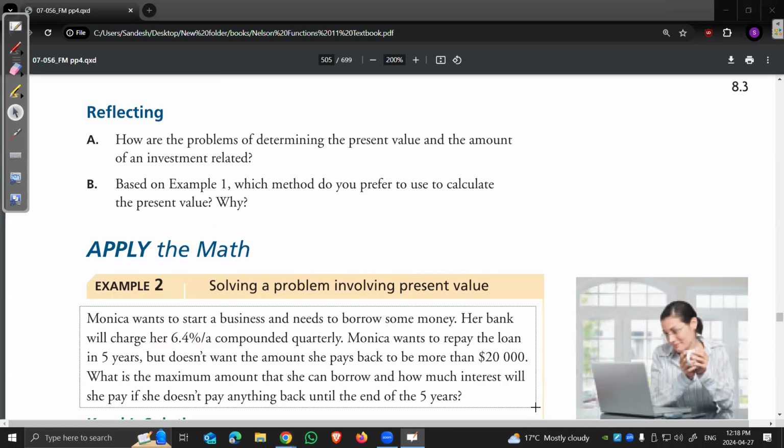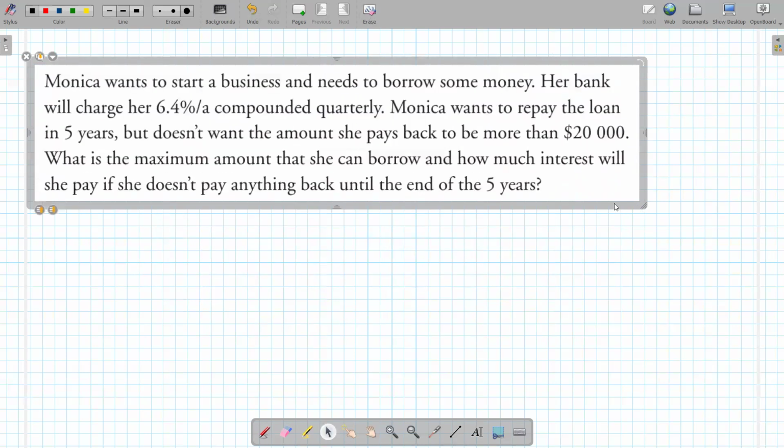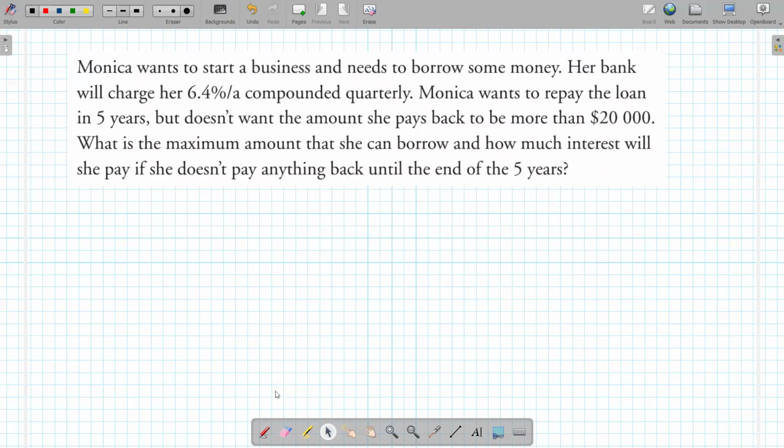Sometimes you have to sketch a timeline if there's a lot of information. All right, so Monica wants to borrow some money. Her bank will charge her 6.4% interest compounded quarterly. She wants to repay the loan in 5 years, but doesn't want the amount she pays back to be more than $20,000.